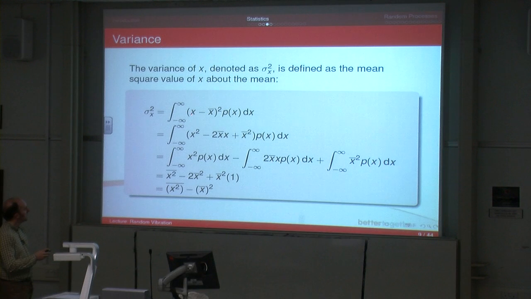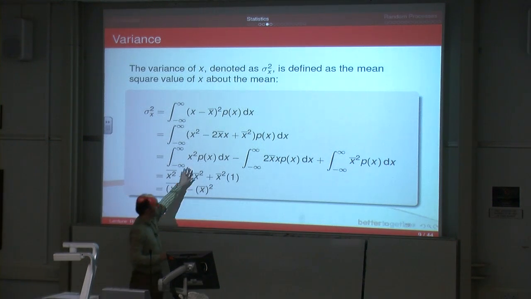If we went through the process and multiplied this out, you get x squared minus 2 x bar x plus x bar squared. Obviously you can separate this out. This is now 3 integrals. You've got this one, x squared p of x, which we've seen before. That's our mean square.